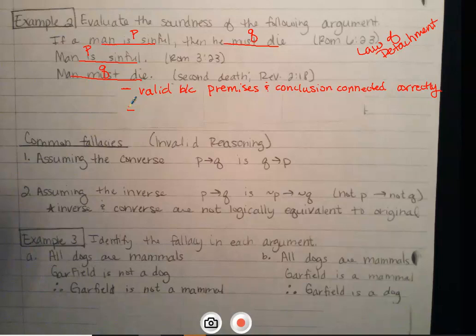If a man is sinful, then he must die. They're even backing it up with scripture, Romans 6:23. That's true. Man is sinful. Is that true? Again, backing it up with Romans 3:23. So yes, these are true premises, based on scripture. And that means, if both of these things are true, then it is a sound logical statement.